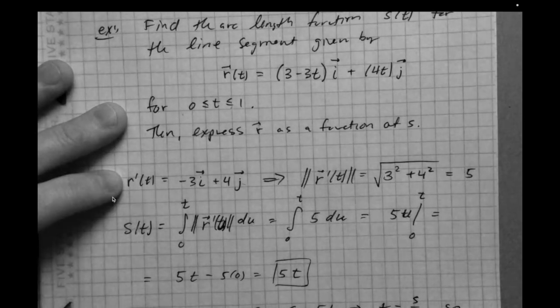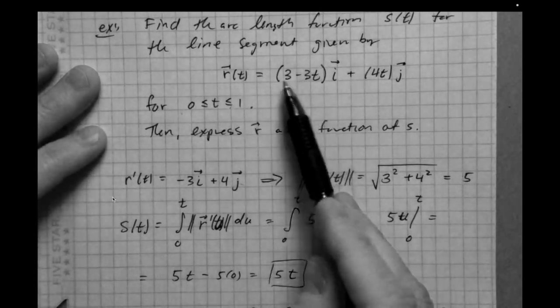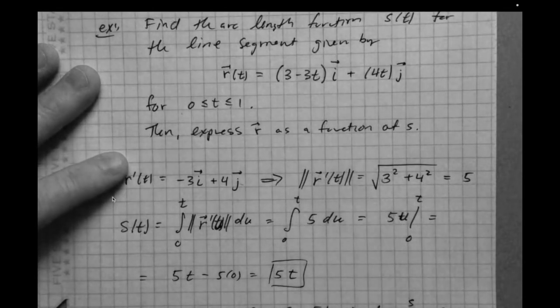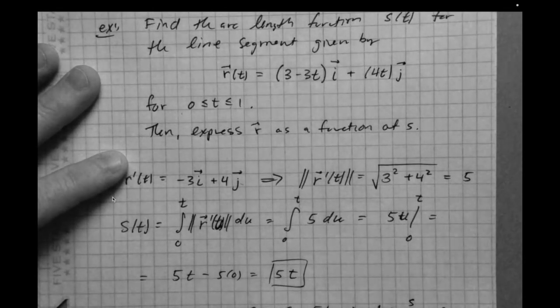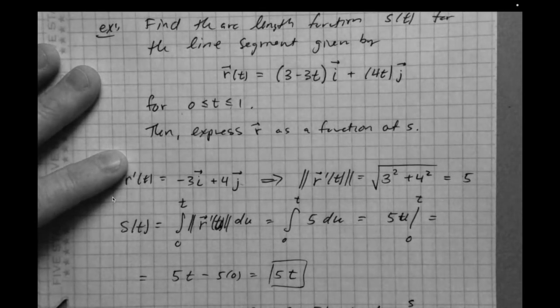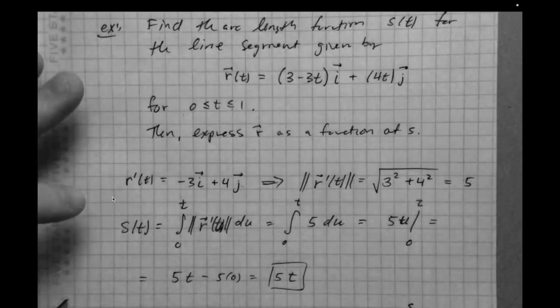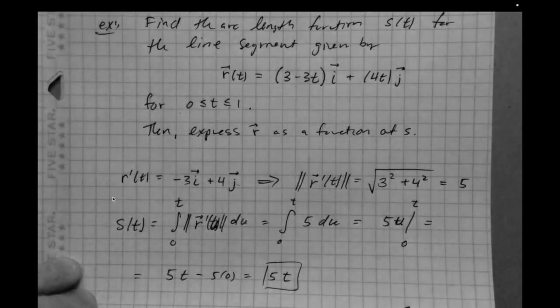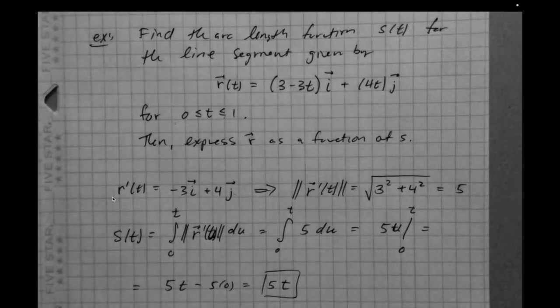Well, r of t is 3 minus 3t, so r of s is going to be 3 minus 3, and then instead of t, we're going to put s over 5. And then you've got 4t, but instead of t, we're going to put s over 5. So 4 times s over 5. Like so. Right, and we could, of course, clean that up a bit better. Let's clean that up just a little nicer.